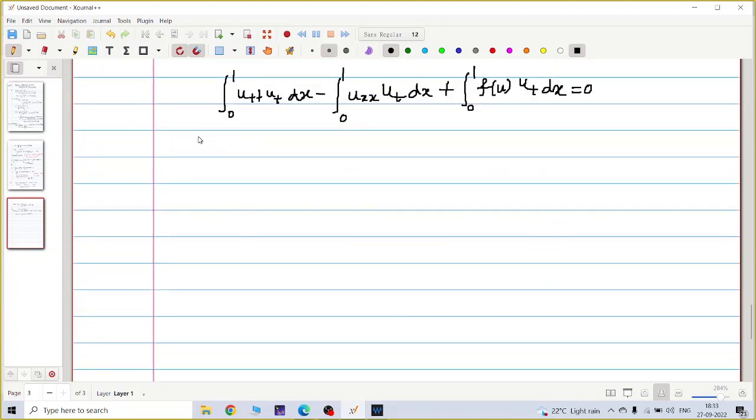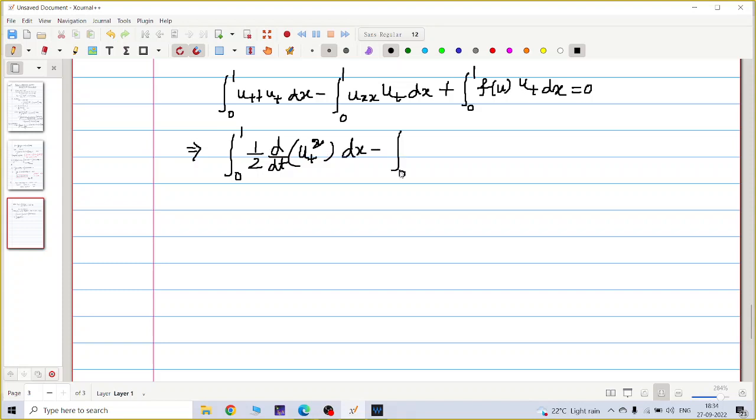Now I will use the integration by parts in the second term. Let me write the first term as half of d/dt of ut square, because the derivative of ut square is 2ut into the derivative of ut, which is utt. So 2 cancels out, that's why I put half.